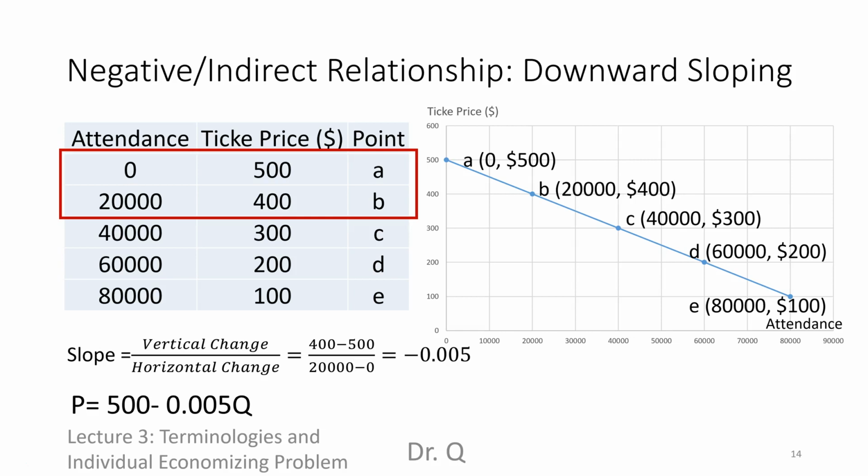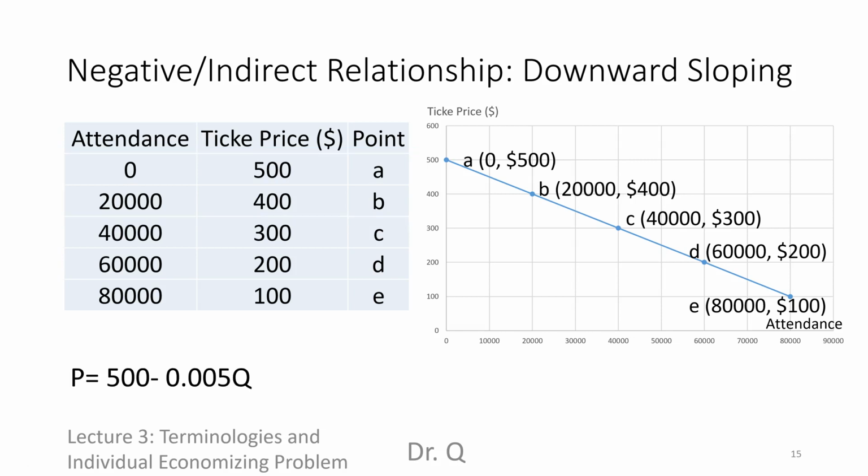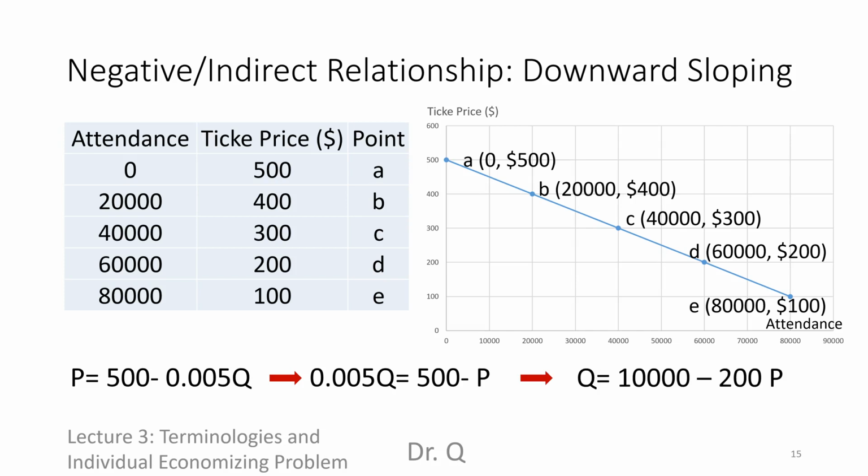If we want to get the marginal effect of price change, say, how does a $1 change in price influence the attendance? We want to do a bit of a transformation of the equation. By moving quantity to the left by itself, we can see that the marginal effect is a $1 change in price results in the attendance moving in the opposite direction by 200.